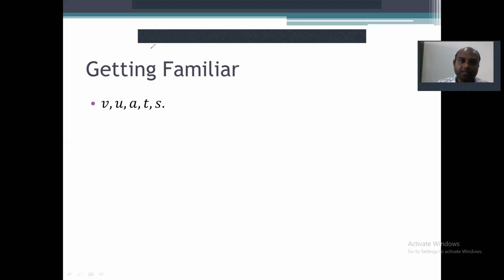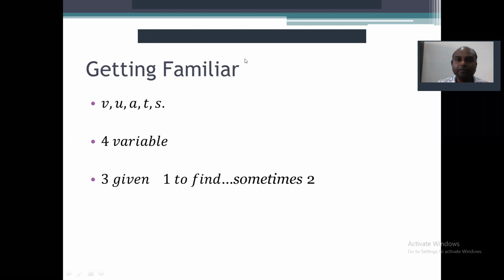Now, what we need to understand is that whenever we get a numerical problem, there will usually be four variables which constitute the problem. And if you see, all of our equations of motion have four variables.